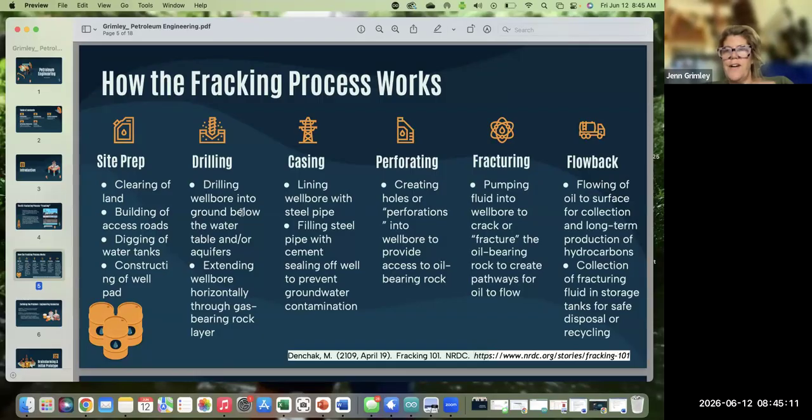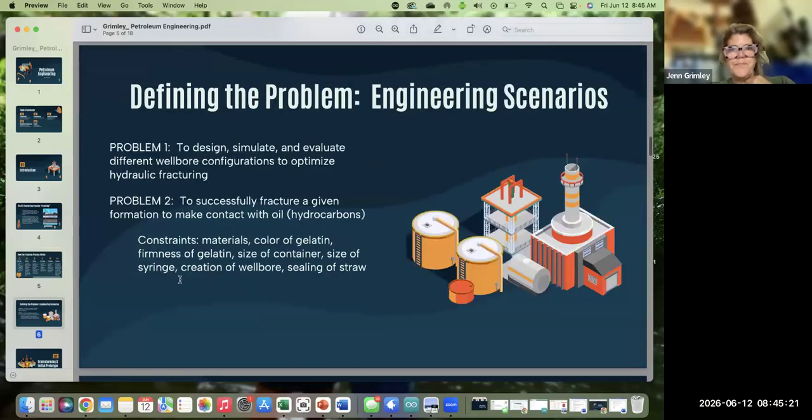The final part is the flowing of the oil to the surface so that it can be collected and used.